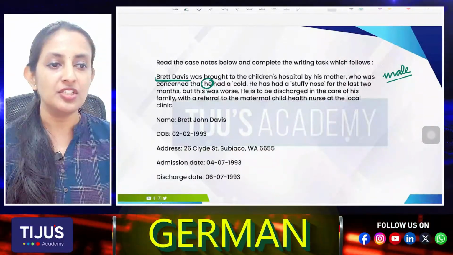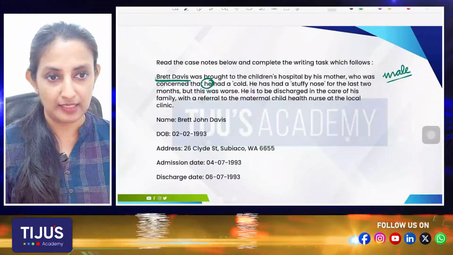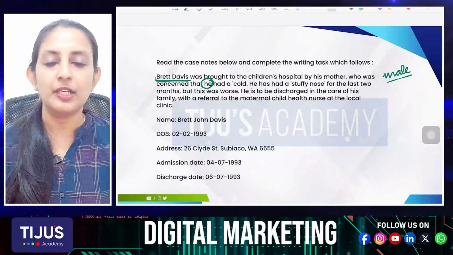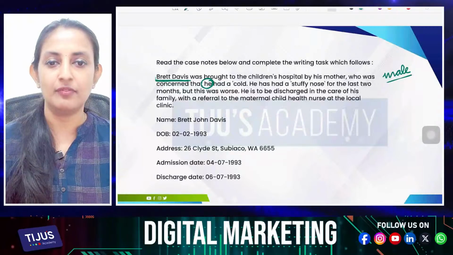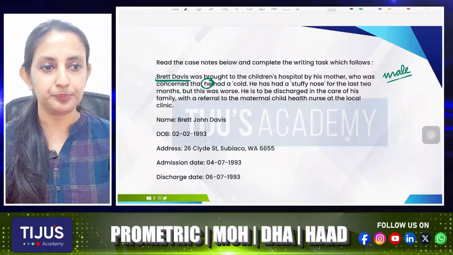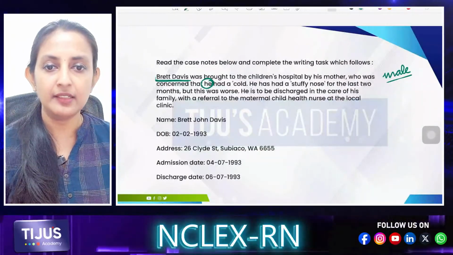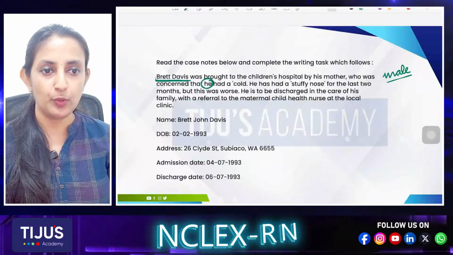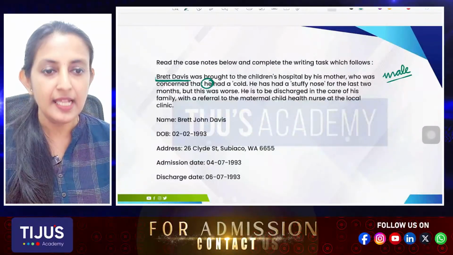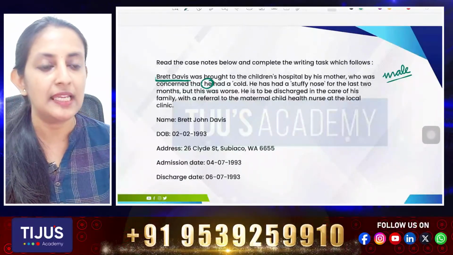He is to be discharged in the care of his family with a referral to the maternal child health nurse at the local clinic. So for the last 2 months the patient was having a stuffy nose, and the issues have now become worse. After getting the treatment from the hospital, the patient is going to be discharged with his family, and a referral is also being arranged for the maternal child health nurse.